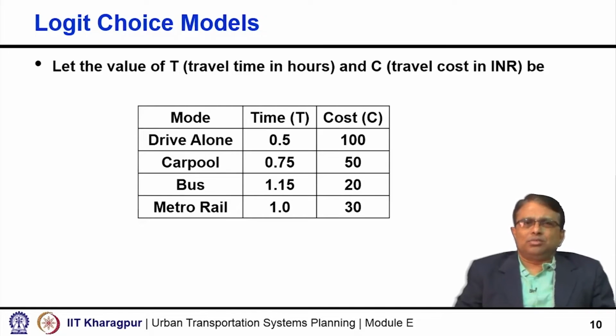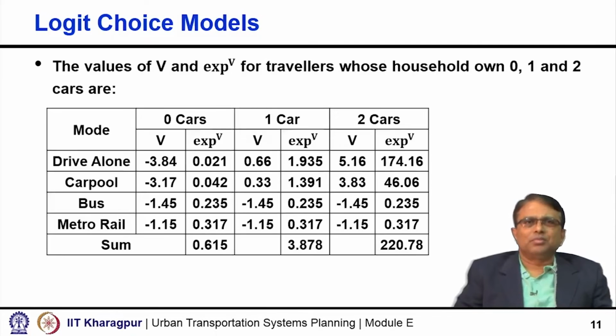So, now we know the travel time and travel cost by all these modes, and we can therefore calculate the value of the deterministic component of utility for each of these four alternatives: drive alone, carpool, bus and metro, separately for 0 car, 1 car and 2 car users.